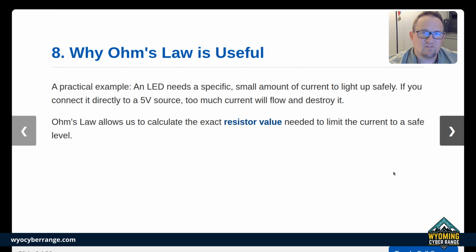So adding a resistor in the circuit will allow us to drop that 5 volts to the proper voltage that the LED needs to make sure that it's safe and it doesn't burn out. Okay, and so the resistor that we're going to be using today is most likely going to be the 220 ohms resistor. And we want the resistor in our circuit to ensure that we don't burn out the LED. Okay.